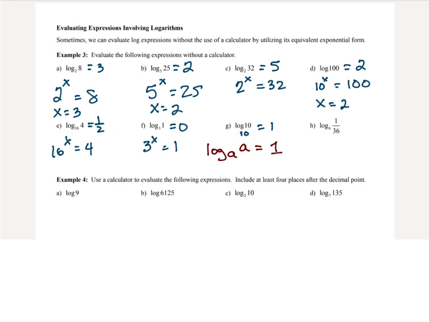A to what power would give me a? 1. So anytime my base and my argument are the exact same number, the answer is 1. That's crucial. Log base 10 of 10 is 1. Log base 3 of 3 is 1. Log base x of x is 1. Log base a of a is 1.